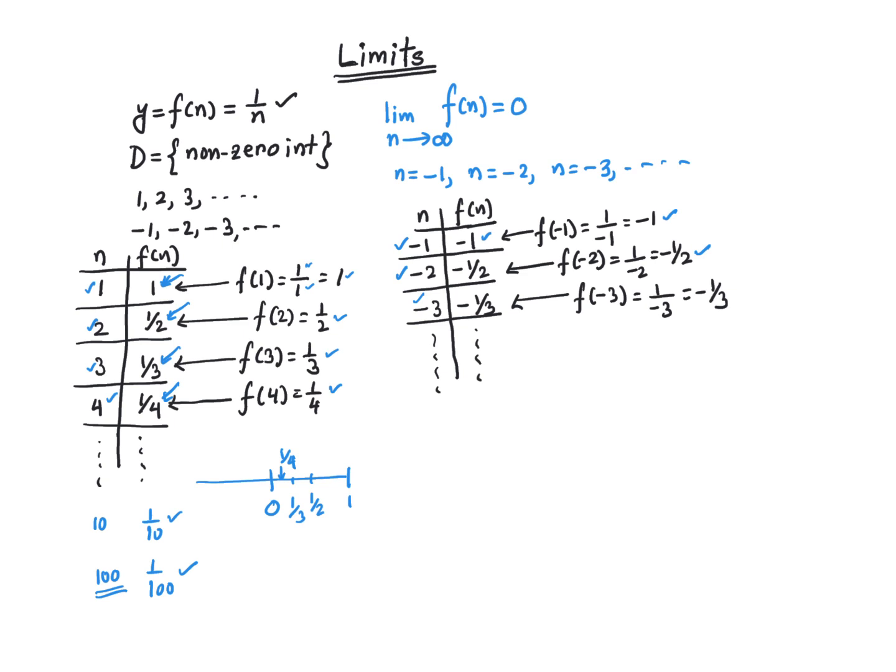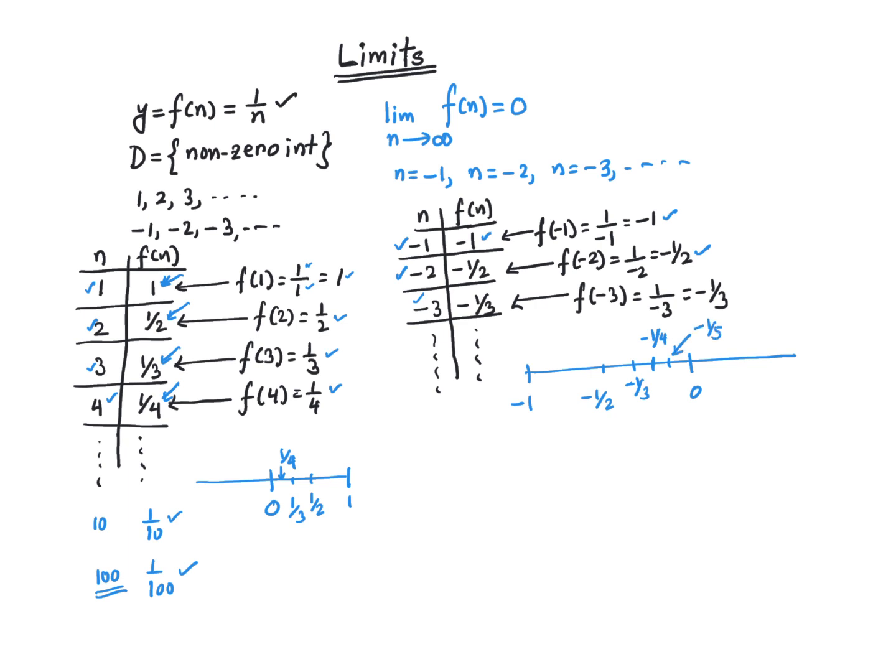Now let's again draw our favorite number line. What's happening this time? So let's say this is my 0, and this is my negative 1, and that's my negative 1 half, and that's my negative 1/3, that's my negative 1/4, and let's say that's my negative 1/5.